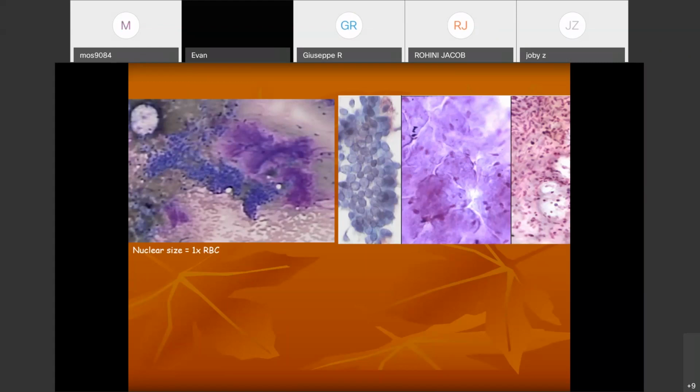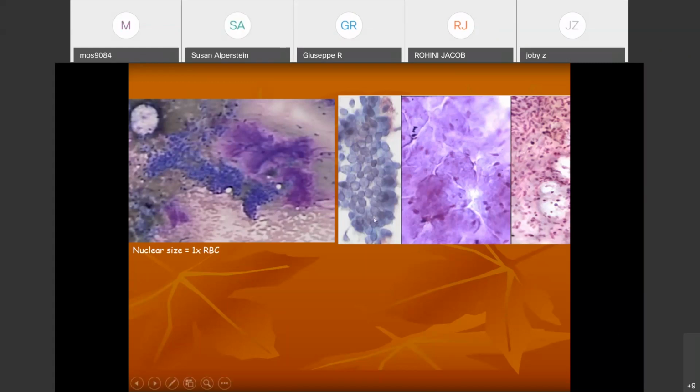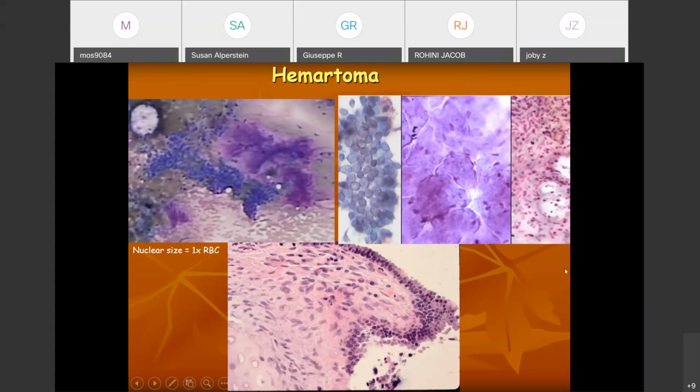And on Pap there are 3 components. This is a composite: benign epithelium, chondroid substance, and adipose tissue. So all the ingredients to diagnose hamartoma. Here's the tissue, hamartoma.